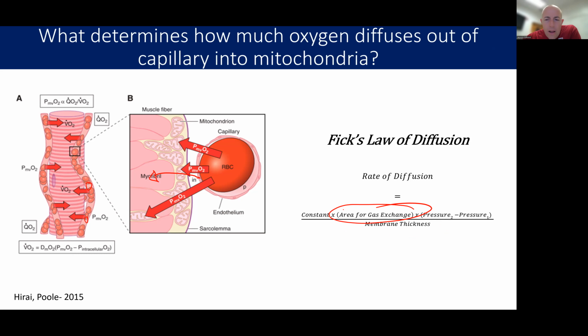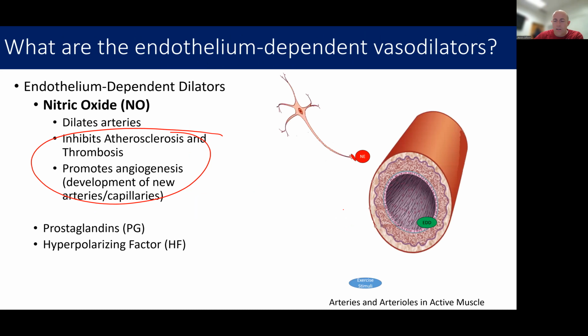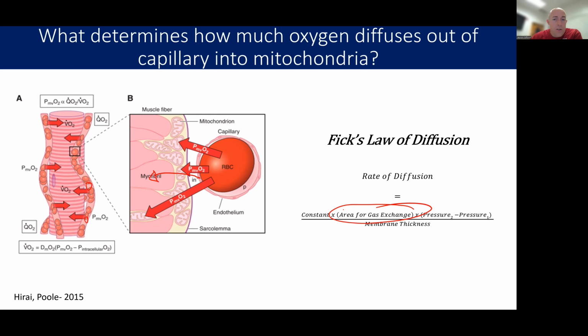So with endurance training, you're going to see angiogenesis, or an increased number of capillaries. That's going to increase your area for gas exchange and increase your ability to diffuse the blood flow faster. So endurance training also is going to increase your rate of blood flow, how quickly the red blood cells are moving through the capillary.